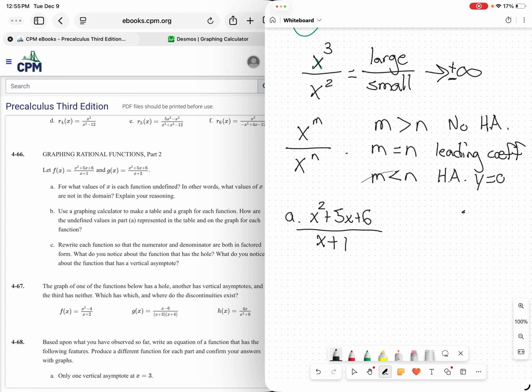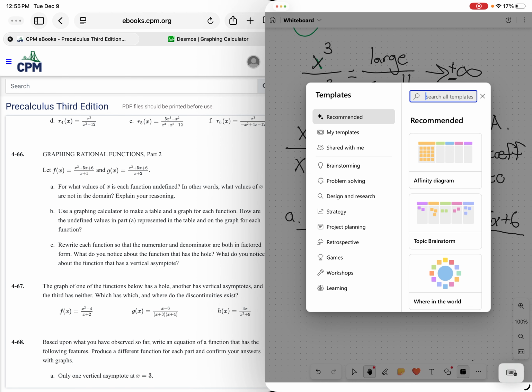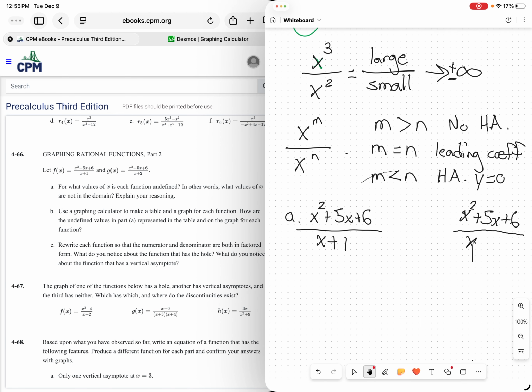For the second one, we have x squared plus 5x plus 6 over x plus 2. Okay, so what's going to make this 0? Can't divide by it, right? So we're talking about x cannot be -1, x cannot be -2, right? And so that is where our issues lie.